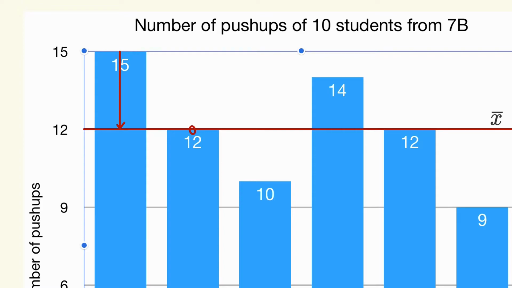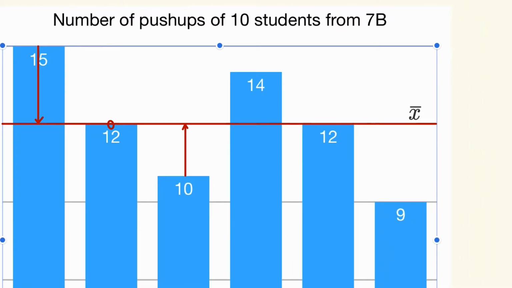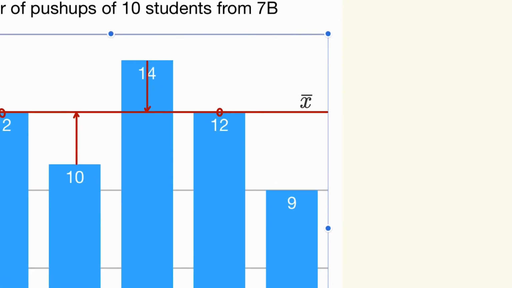This score is literally on the mean, so there's no distance at all. But what about for this student here, student 3? There's a distance there. Student 4, there's also a distance. Now, student 4's number of push-ups was higher than the mean. Student 5's was on the mean. And student 6 was below the mean.